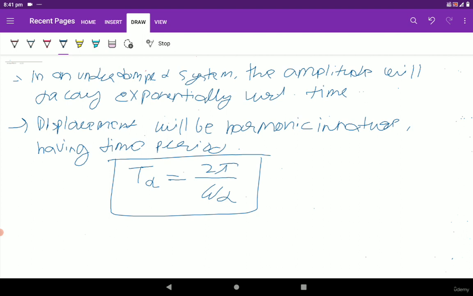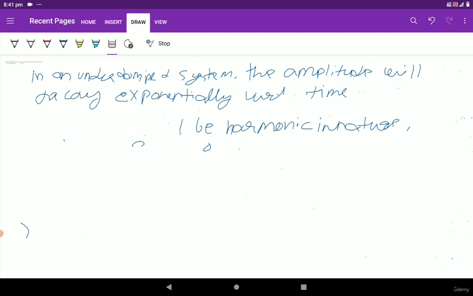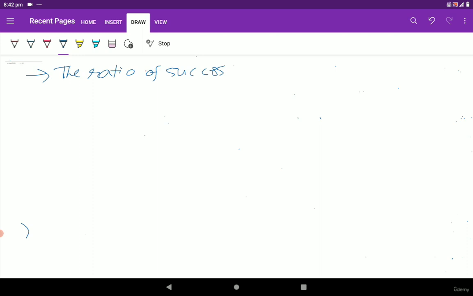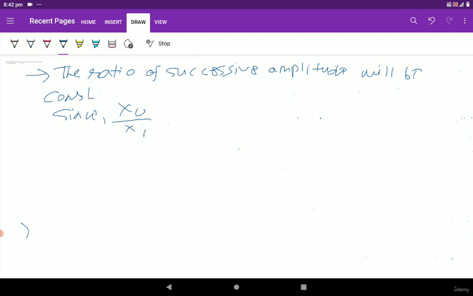Another thing you should keep in mind is that the ratio of successive amplitudes will be constant, since x0 by x1 is equal to x1 by x2.